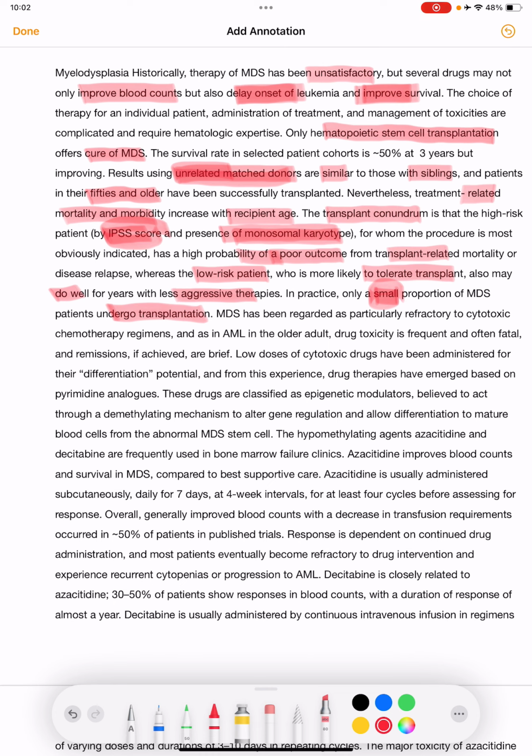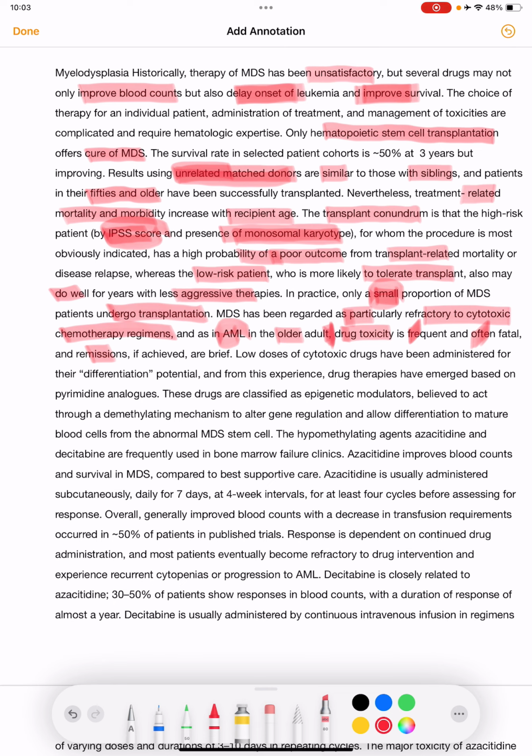As in AML in the older adult, drug toxicity is frequent and often fatal, and remissions, if achieved, are brief.